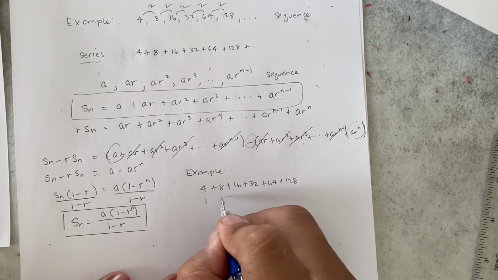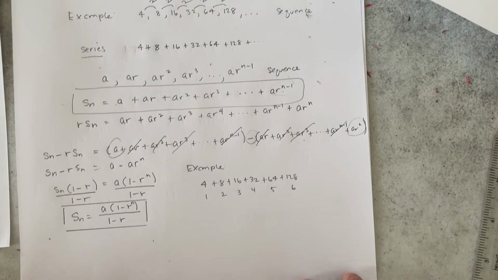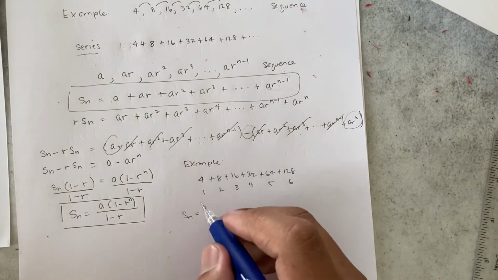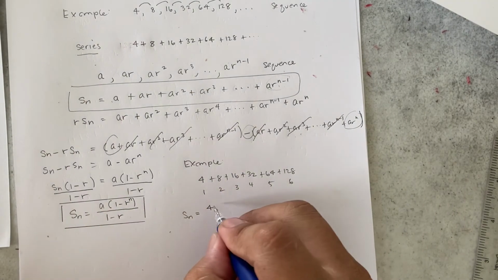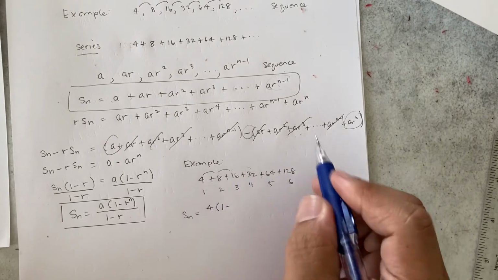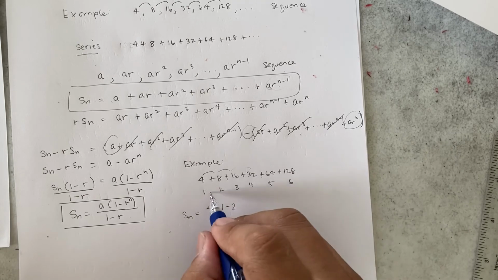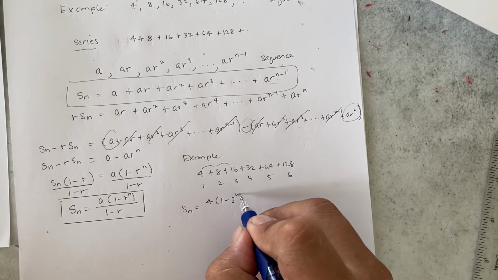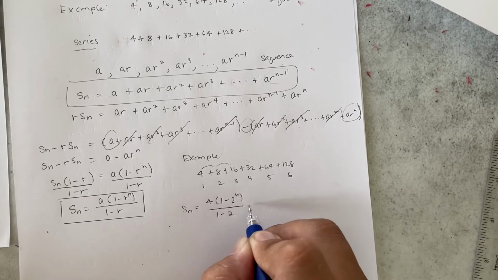So we have 1, 2, 3, 4, 5, 6 terms. So what is S sub n here? S sub n is 4, your first term, times 1 minus, and remember, the common ratio here was 2, 1 minus 2 raised to the 6, all over 1 minus 2.